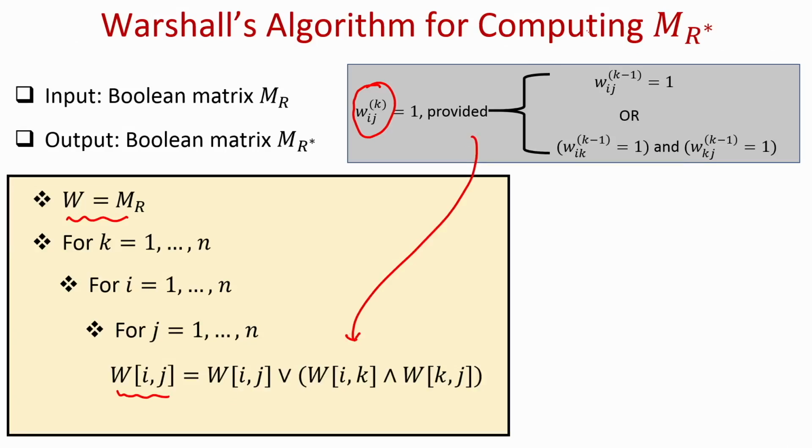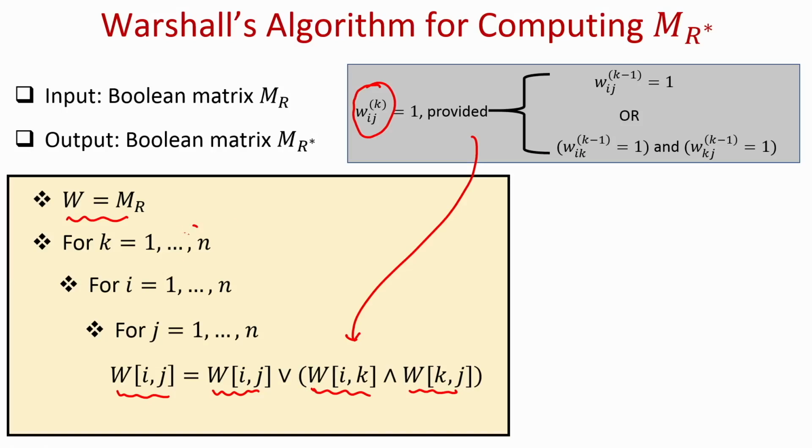I am just copying the update operation as it is, removing all the subscripts and superscript notation. So, W of i comma j denotes the updated i jth entry, and how it is updated? I check whether the previous i comma jth entry is 1 or not, or if the i comma kth entry as well as the k comma jth entry are simultaneously 1 in the previous matrix or not. If that is the case, I will update Wij to 1, otherwise I will set Wij to 0, and this I have to do for k equal to 1.